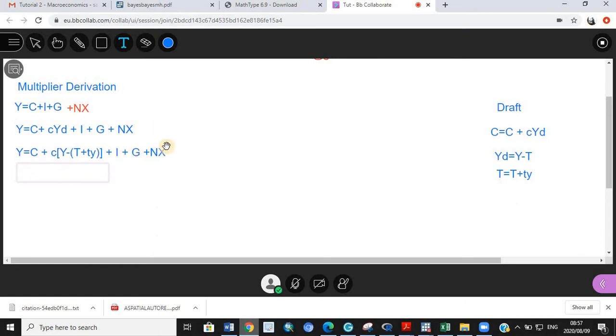So from here, I'm going to forget the NX and consider only the closed economy. Then at the end, I can include the NX if that's necessary. Y is going to be equal to C plus c times everything in the bracket, or before that, you can even say Y minus T minus TY, we close, plus I plus G. Okay, let's move on.